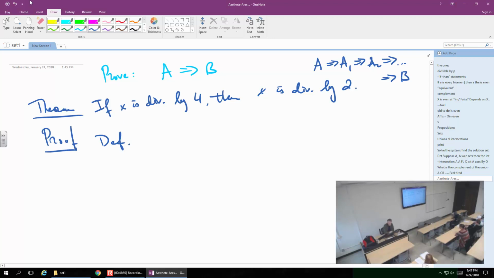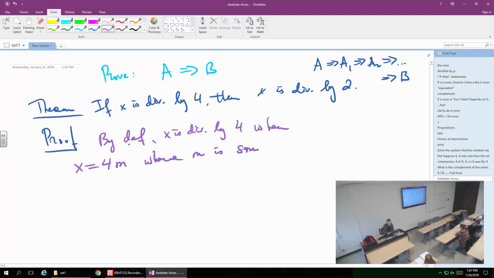But if you want to write it carefully, what you say is by definition, x is divisible by 4 when x is equal to 4m, where m is some integer.